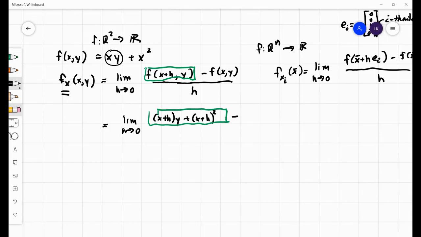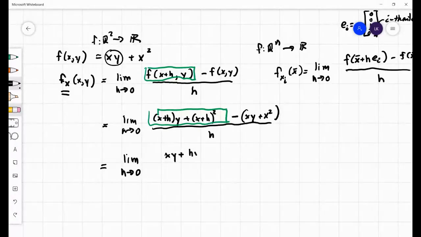And then we subtract the function at x and y, so that's just rewriting the function. And then we divide by h. So you just multiply this business out.